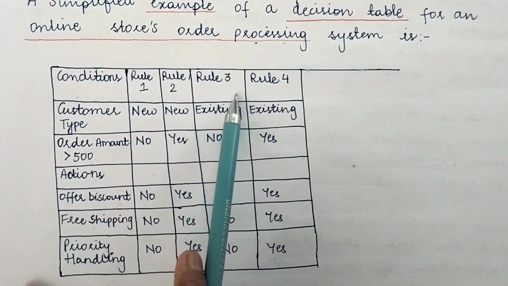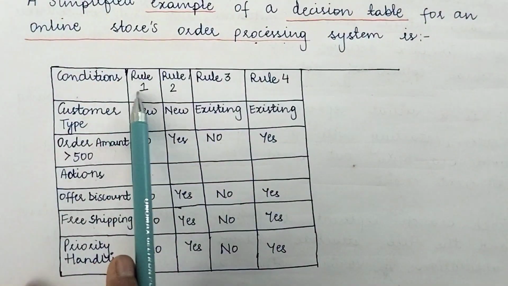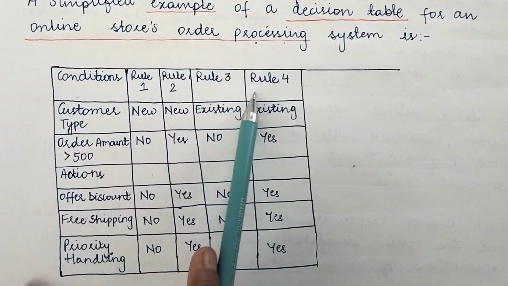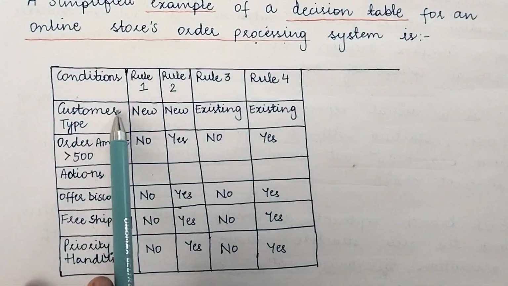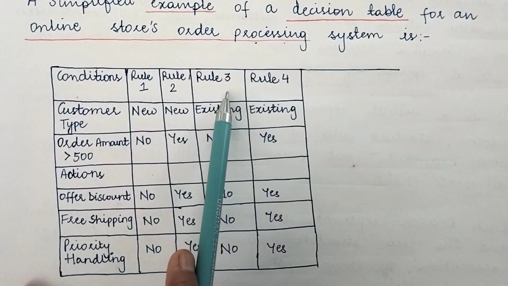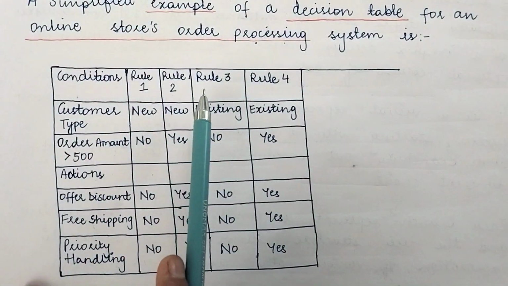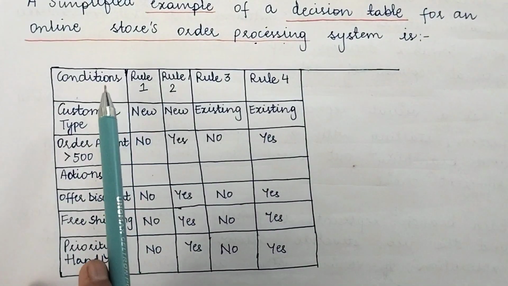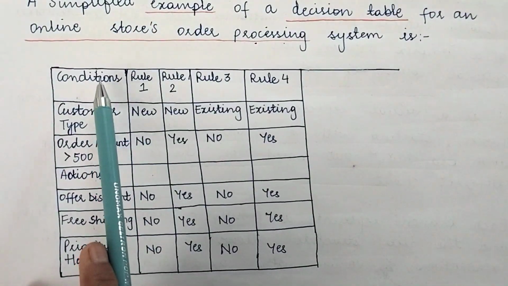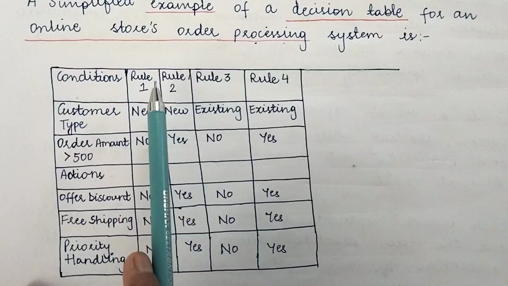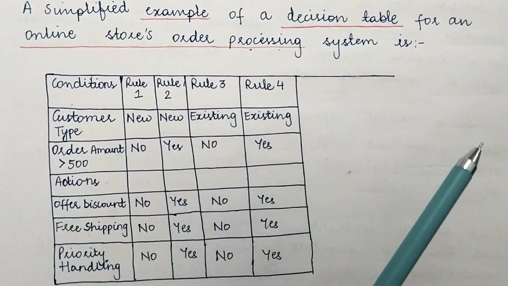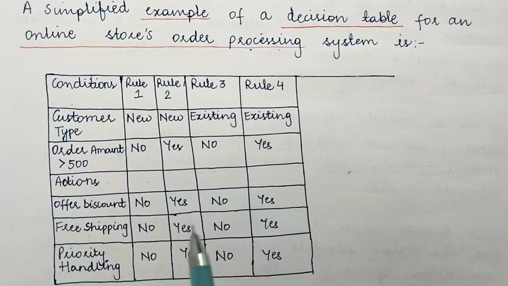And then there are some rules. Basically, in every row you'll see that there is a rule which specifies a combination of various conditions and the corresponding actions to be taken. So these are the three primary elements that we were talking of in a decision table: the conditions, the actions, and the rules. Now let's understand this decision table for an online store's order processing system.